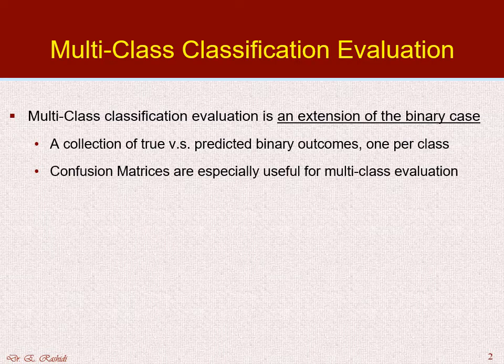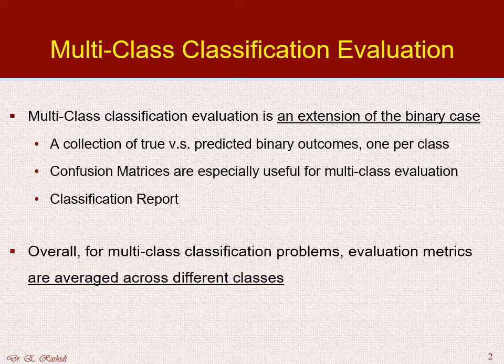Confusion matrices are especially useful for multi-class evaluation, as we are going to see in an example. Also, you can use the classification report generated by Scikit-Learn for multi-class classification problems.